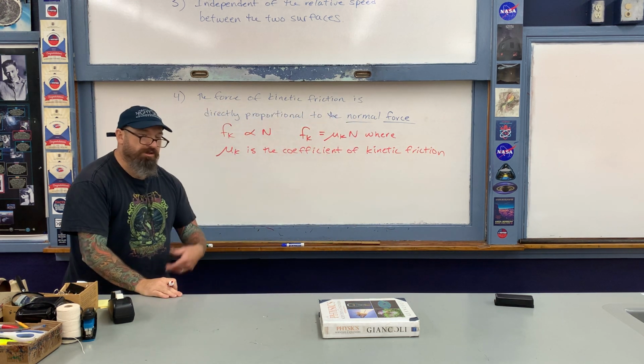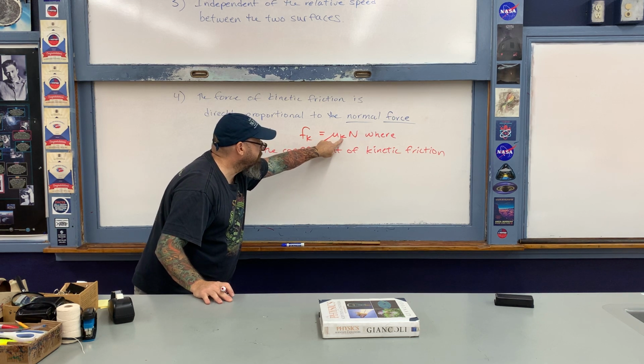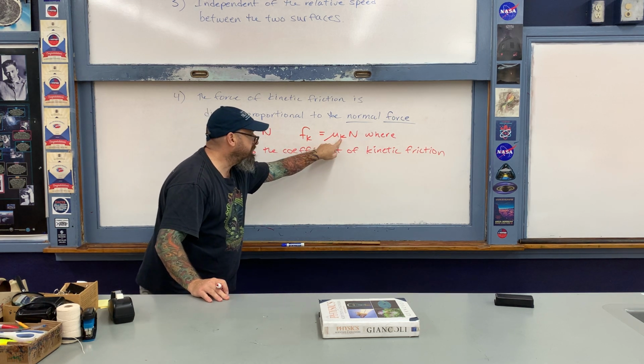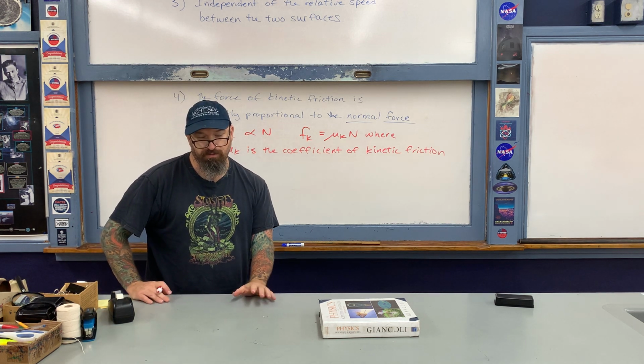The coefficient is written as the Greek letter mu, with a subscript k. This is referred to as mu sub k. Mu sub k is called the coefficient of kinetic friction.